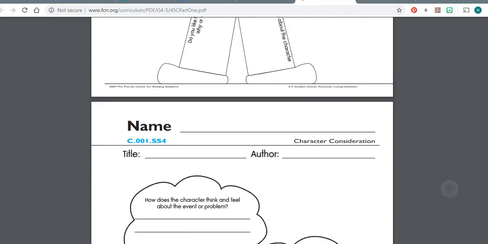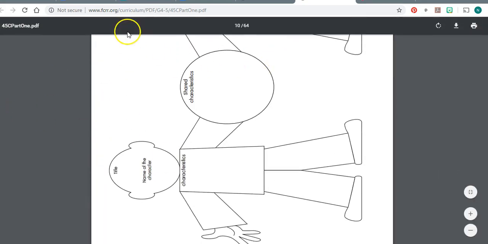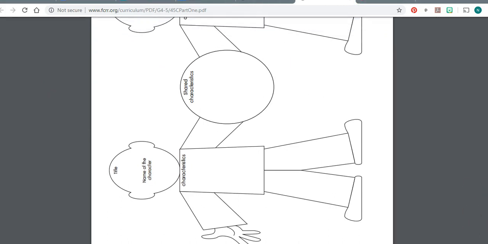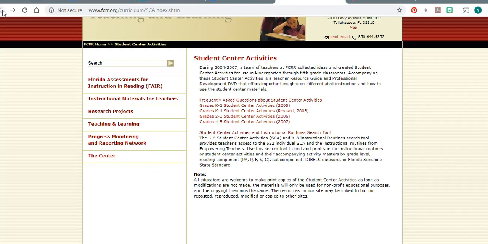Okay, so lots of ideas here to use with your tutee. I really like this site. If you find that those are too hard, you can go back down to the 2nd or 3rd, kindergarten, 1st even. But these are some great activities for you.